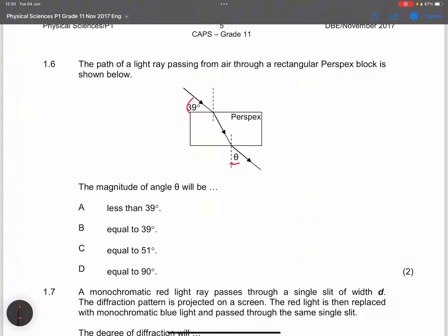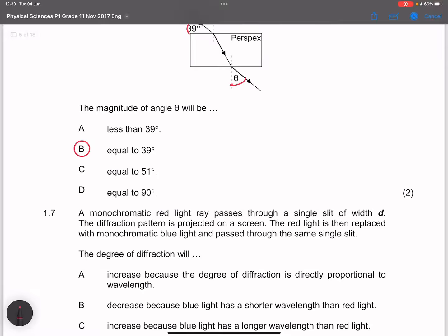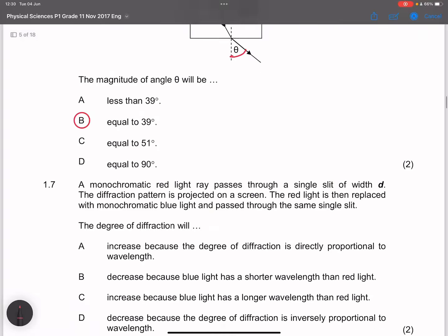Now, in this particular case, we know that we've got perspex, so the angle theta should actually be equal to 39 degrees, right? Please note there. So it should also be equal to 39 degrees, right? And I'll take some time to explain Snell's law, just so that you are able to understand it much better.